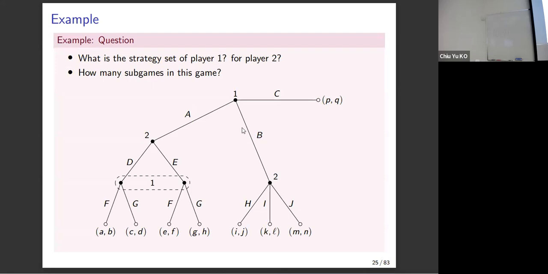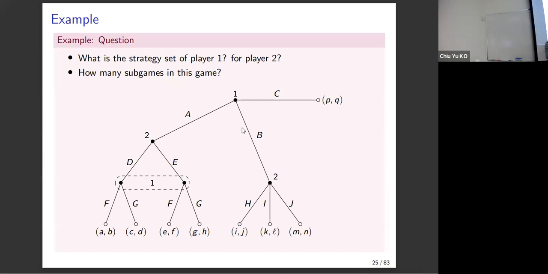So let's quickly look at what the strategies are for player 1 and player 2. Player 1, you can see, can choose A, B, or C at the beginning. But you also have to tell them F or G. So that is 3 by 2, which is 6.